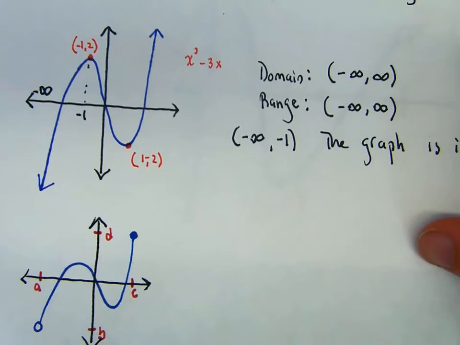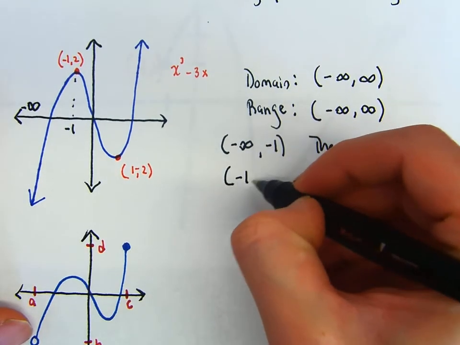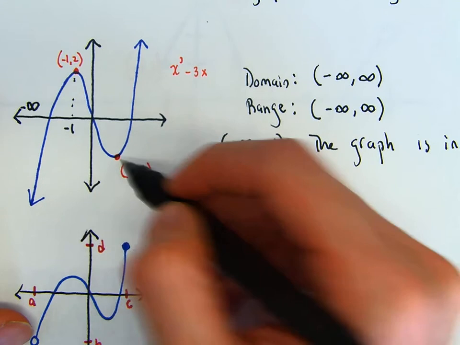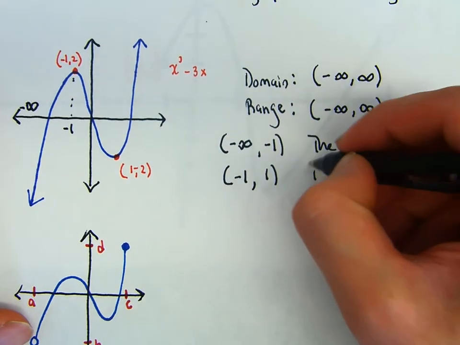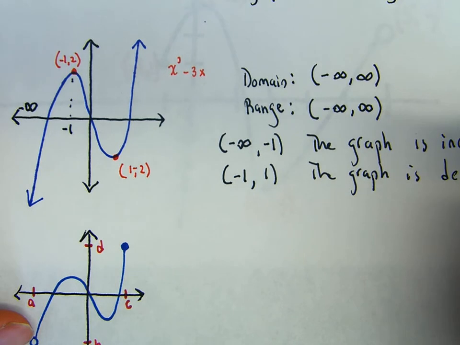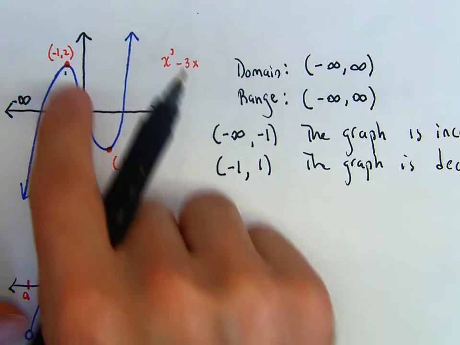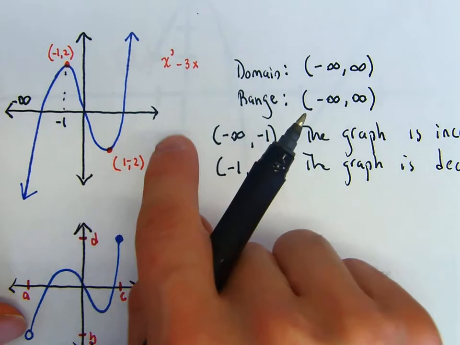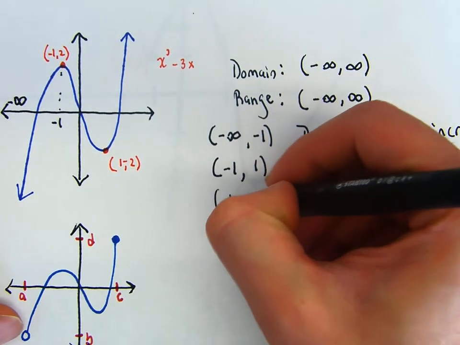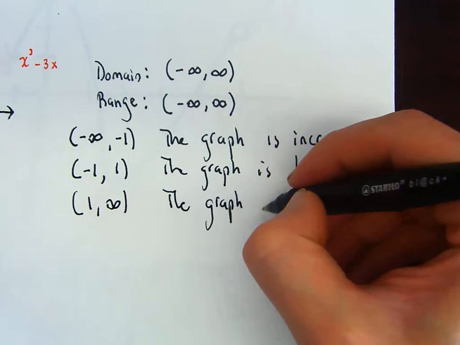Then what? From negative 1 to positive 1, so from here to here, the graph is decreasing. Right? The graph is decreasing from -1 to +1, and then from +1 to infinity, so from 1 to infinity, the graph is increasing.